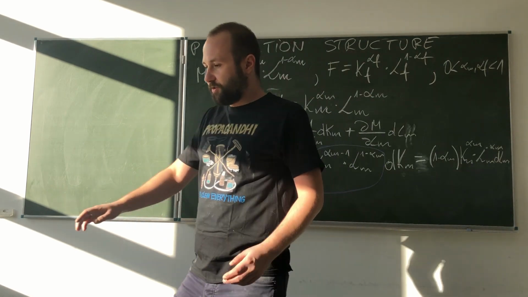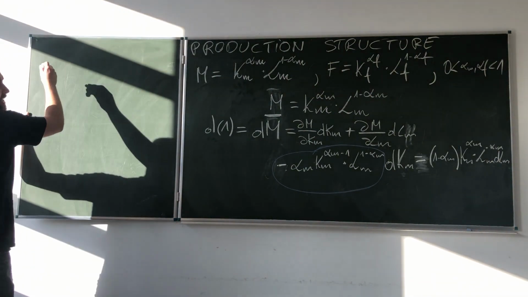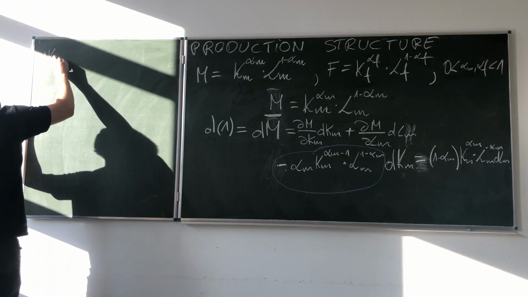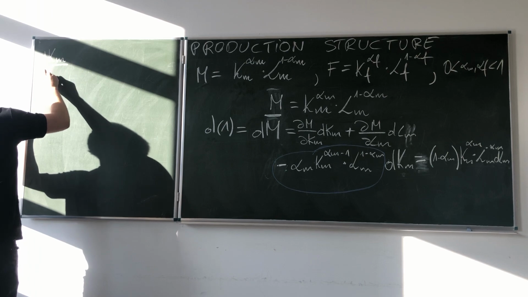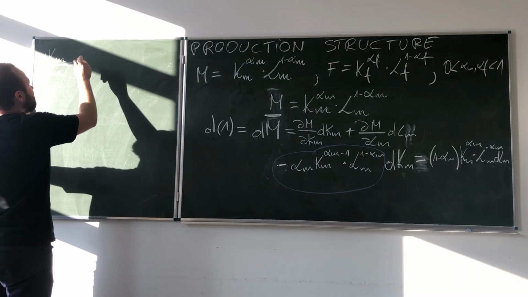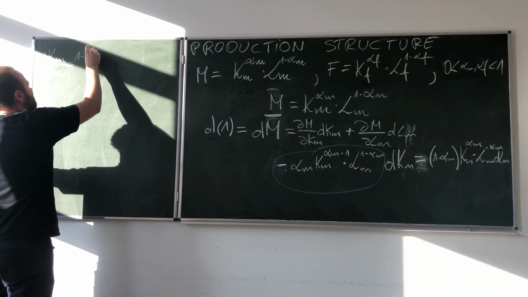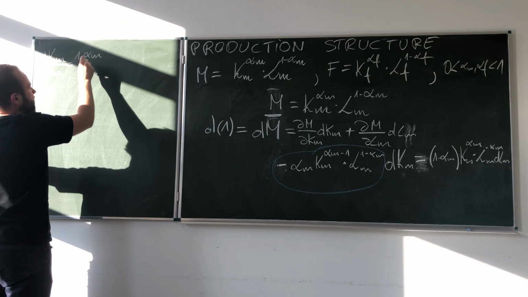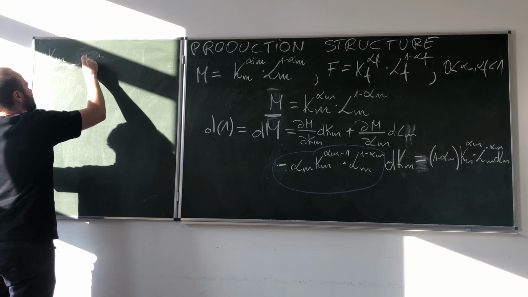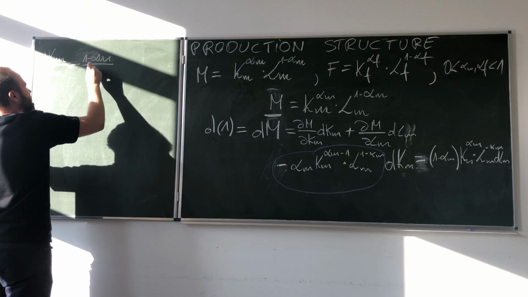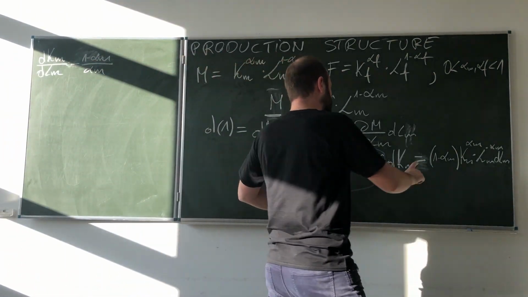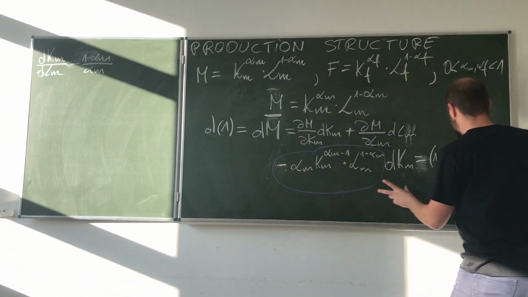So, if I'm going to do so, I'm going to get dkm over dlm equals, we've got 1 minus alpha m over, first maybe minus 1 minus alpha m over alpha m, right? What I did first is that I took this expression and I divided by this one.